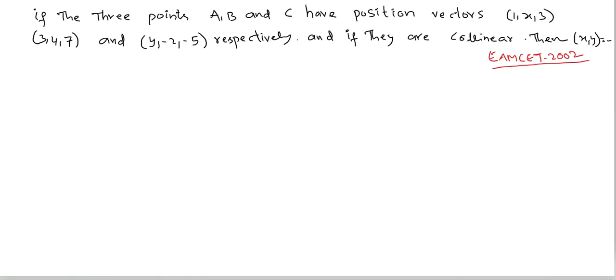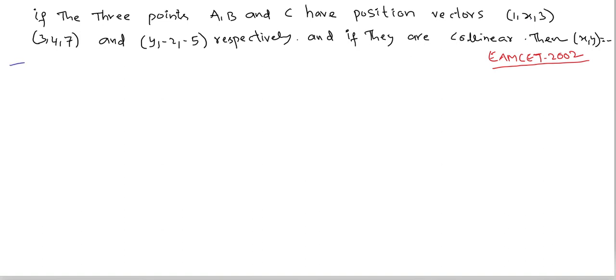If the 3 points A, B, C have position vectors (1, x, 3), (3, 4, 7) and (y, minus 2, minus 5) respectively, and if they are collinear, then the values of x, y is dash. MSET 2002 question.